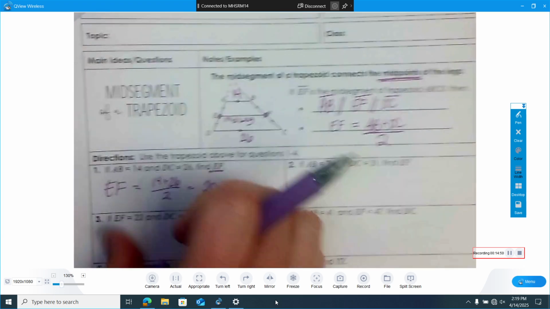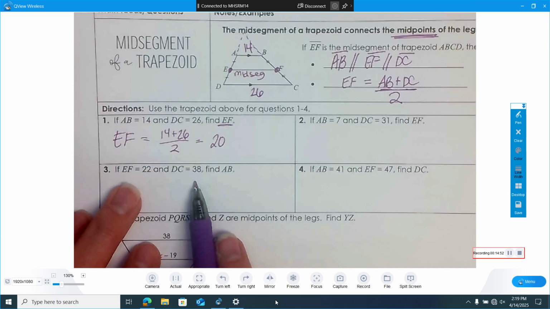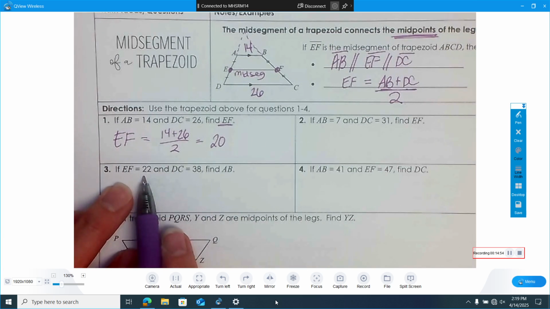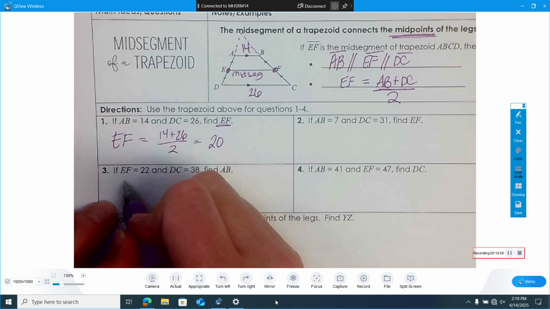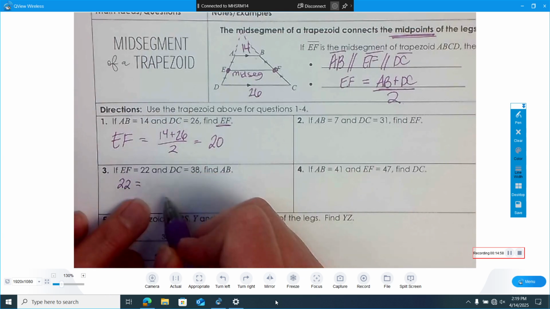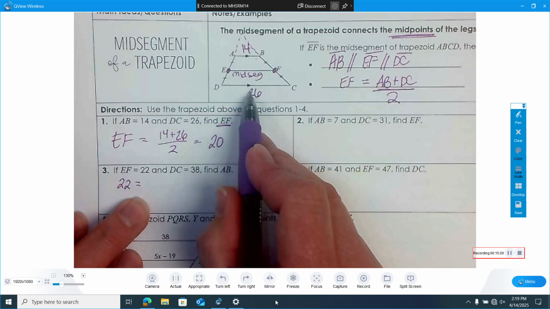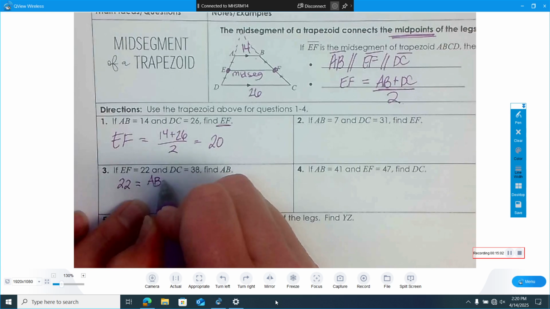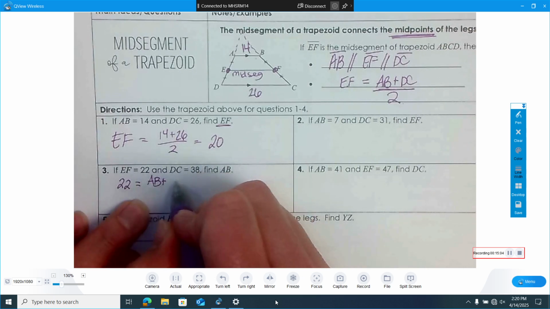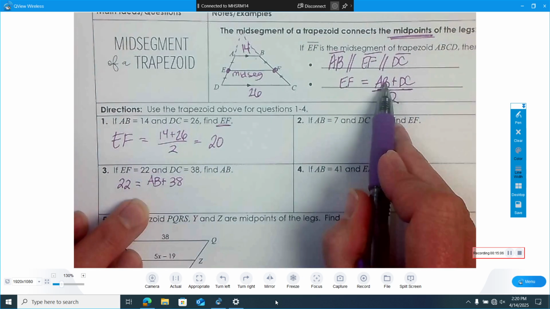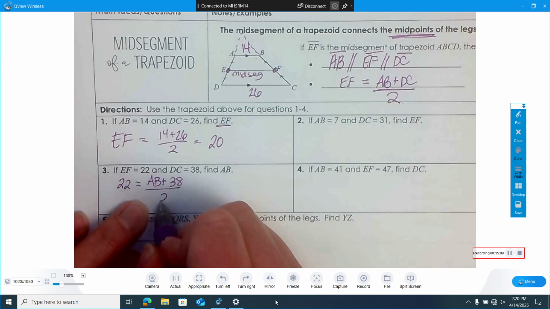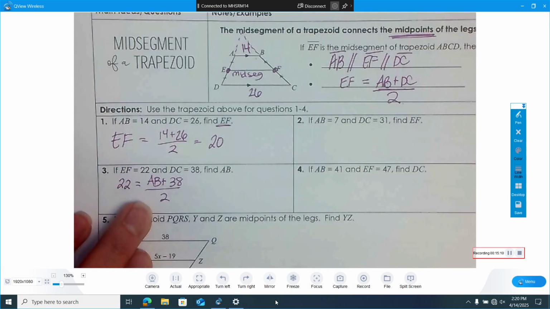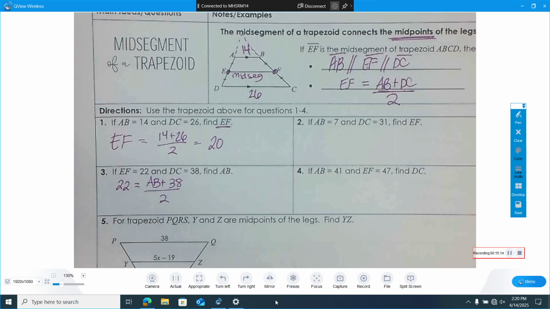All right. Now, this one's rearranged a little bit. We have EF, which is our mid-segment. So I'm going to go our mid-segment equals top plus bottom. So AB plus the bottom DC, which is 38, AB plus DC divided by 2. What should I do with this divide by 2?